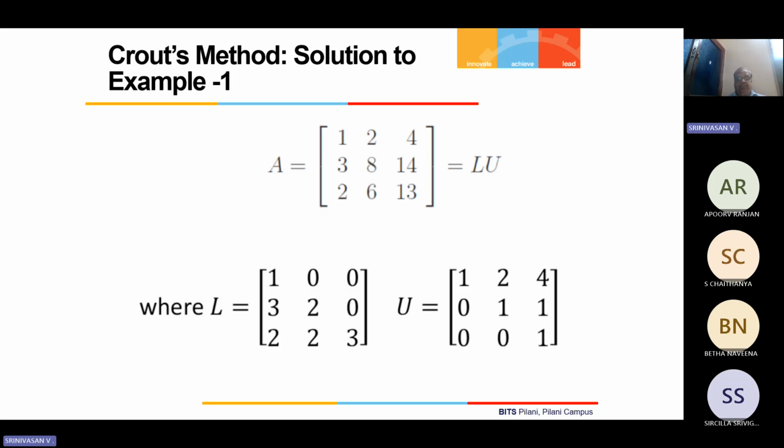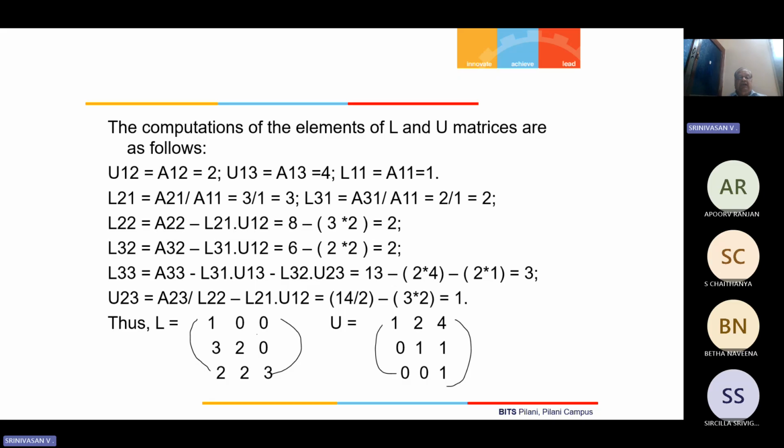So 6 minus L31, which we already found is 2, into U12, which is 2. So 6 minus 4 is 2. Next we go to finding L33. That is A33 minus L31 into U13 minus L32 into U23.